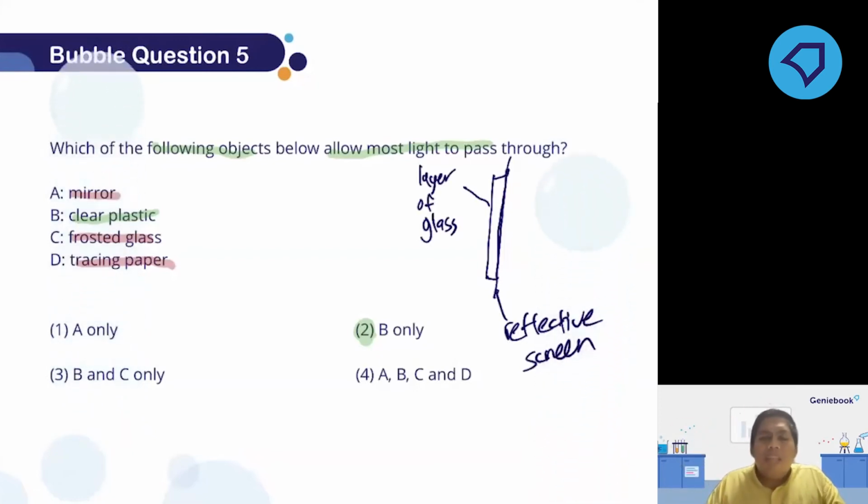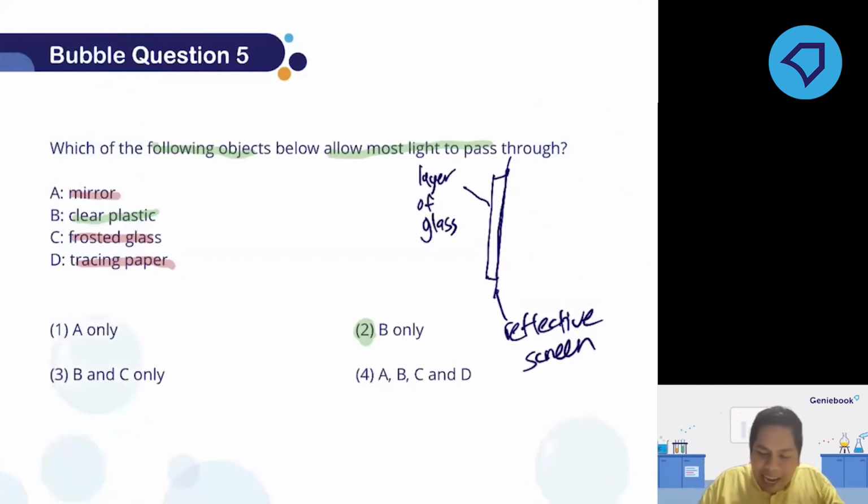The reflective screen is usually made up of very shiny aluminum or some kind of shiny metal. So that screen actually allows you to see your reflection. But there's actually a layer of glass in front of it, which is transparent.